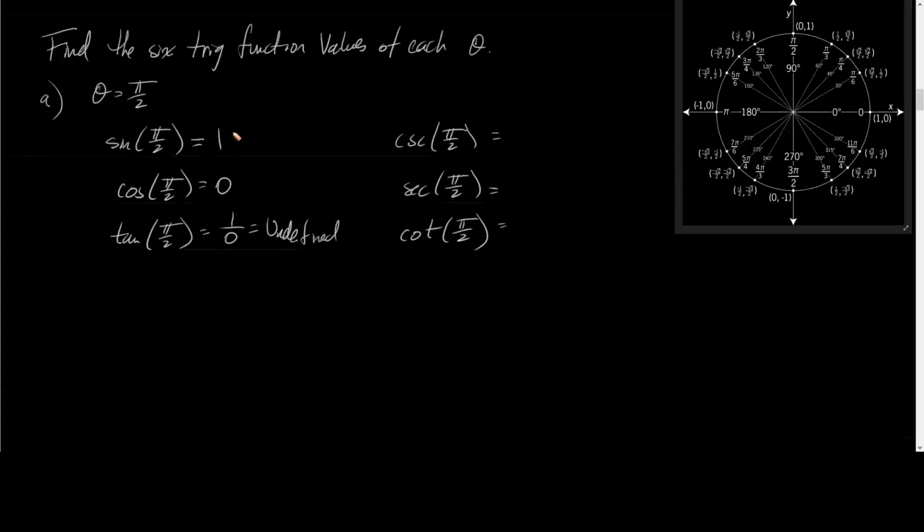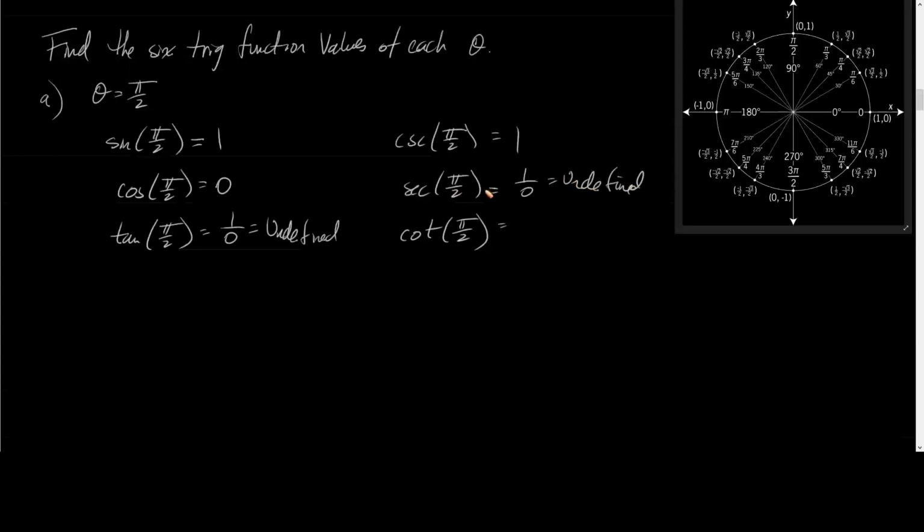Cosecant, to take reciprocals. So 1 is the same thing as saying 1 over 1, right? So the reciprocal of 1 over 1 is 1 over 1, which is still just 1. 0 is the same thing as saying 0 over 1. So the reciprocal of 0 over 1 would be 1 over 0, which is undefined.